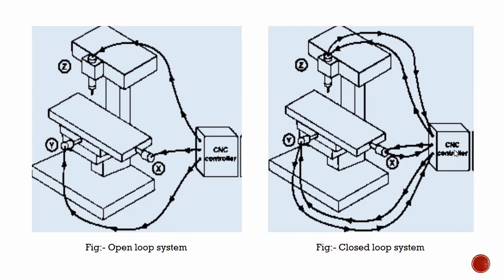The information goes from the CNC controller to the machine tool, and the machine tool gives feedback to the CNC controller. So this gives more accuracy and more reliability to the system.